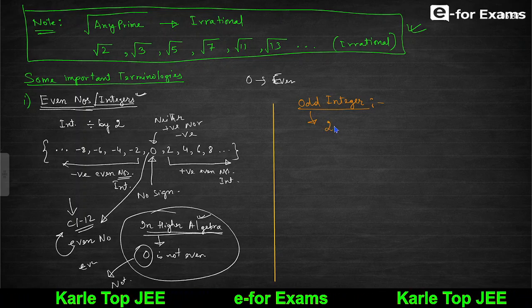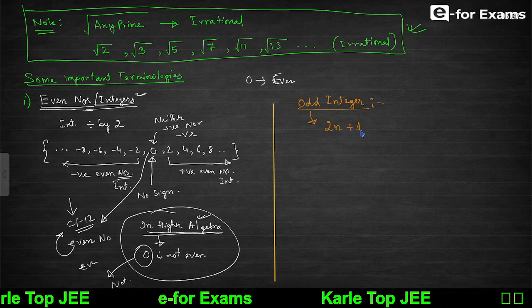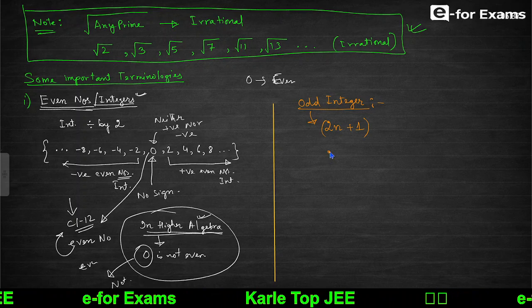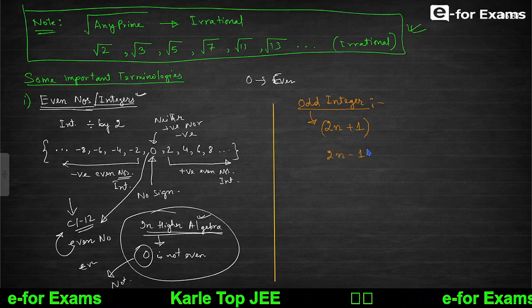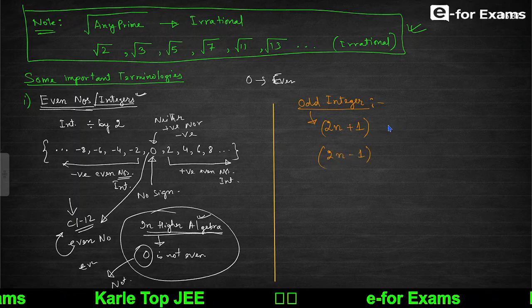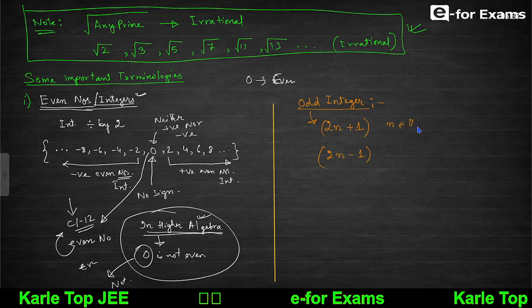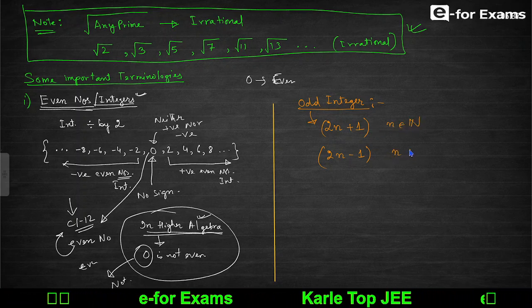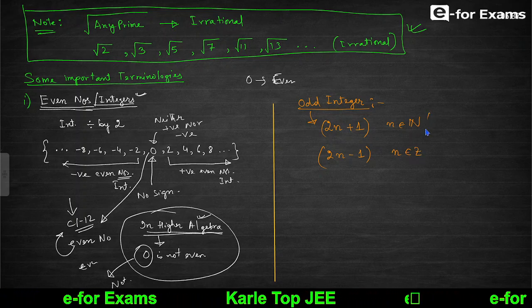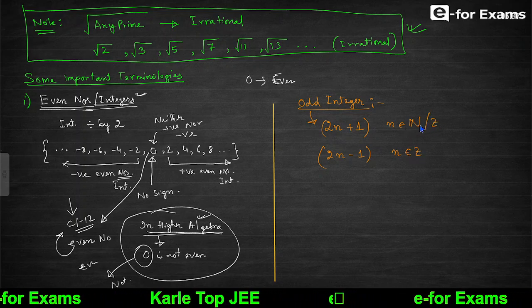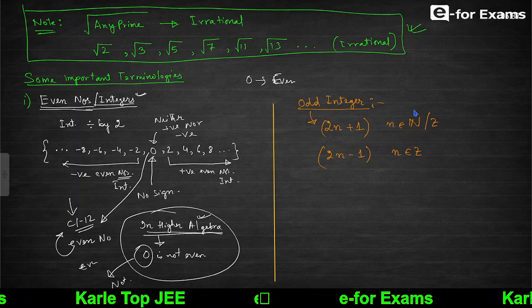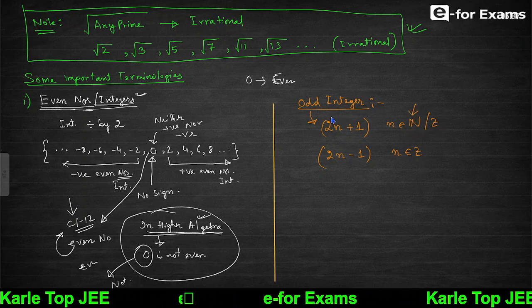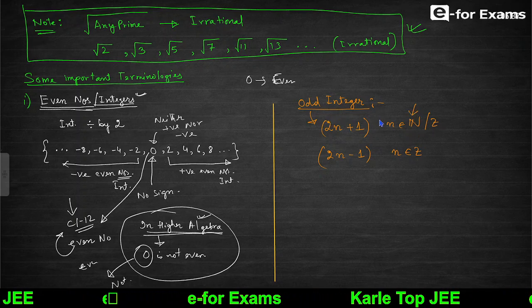We represent an odd integer as 2n plus 1 or 2n minus 1. 2n plus 1 when n belongs to natural numbers. 2n minus 1 when n also belongs to natural numbers or Z. If we consider only natural numbers, then we will say 2n plus 1.